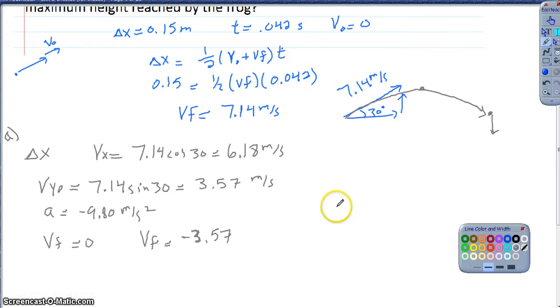It doesn't matter which I use, so I'm just going to use my VOTAT, velocity as a function of time. I set up this equation and solve for the time. If I use 0, I need to make sure I double the time. The benefit of using negative 3.57 is that I don't have to double, because I'm already finding the time for the total flight.